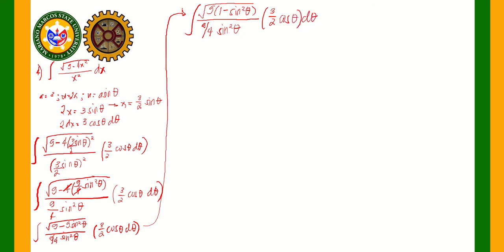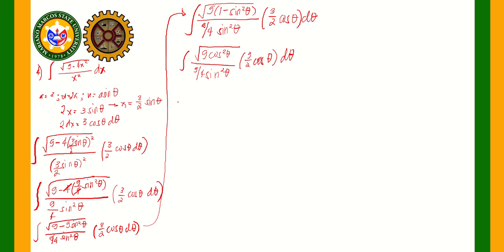Okay. So 1 minus sine squared theta is equal to cosine squared theta. So this will be equal to 9 cosine squared theta all over 9 over 4 sine squared theta multiplied by 3 over 2 cosine theta d theta.